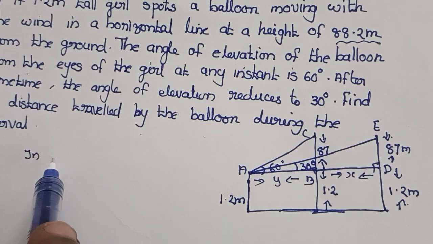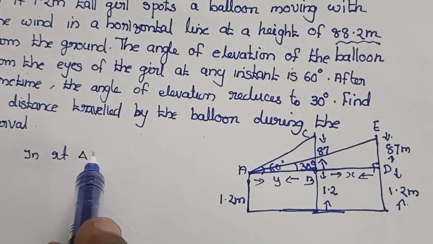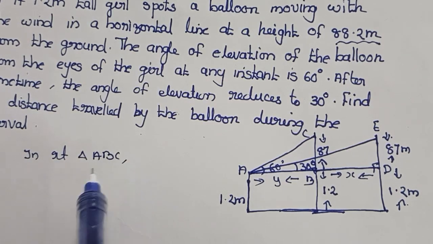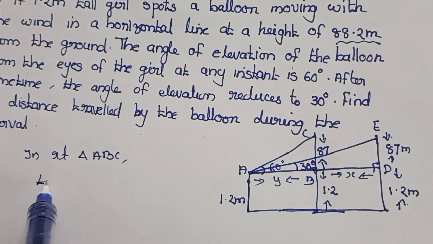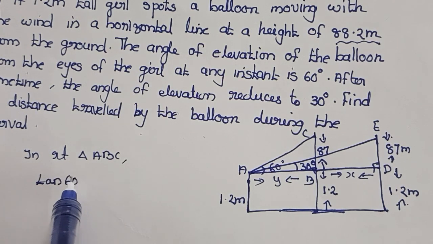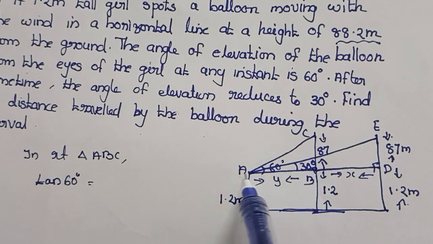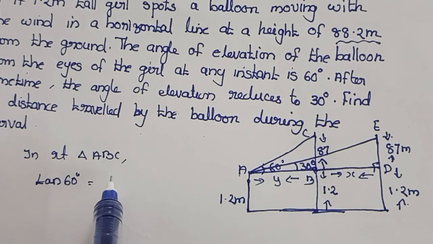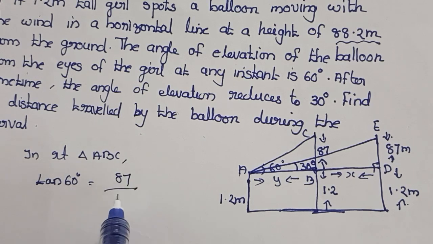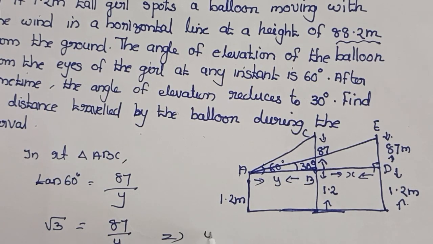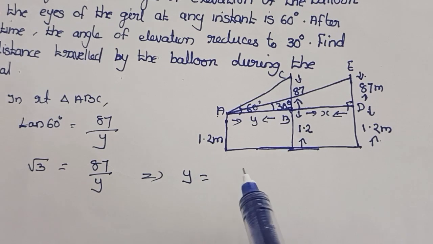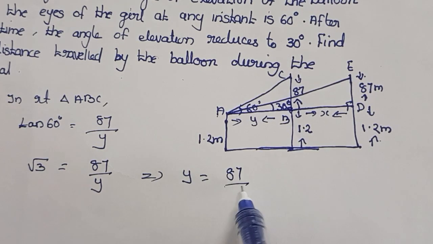In right triangle ABC, tan 60 degrees equals, here the angle in triangle ABC is 60 degrees. So tan 60 degrees equals opposite side 87 by adjacent side y. Tan 60 equals root 3, that is equal to 87 by y, so y equals 87 divided by root 3.